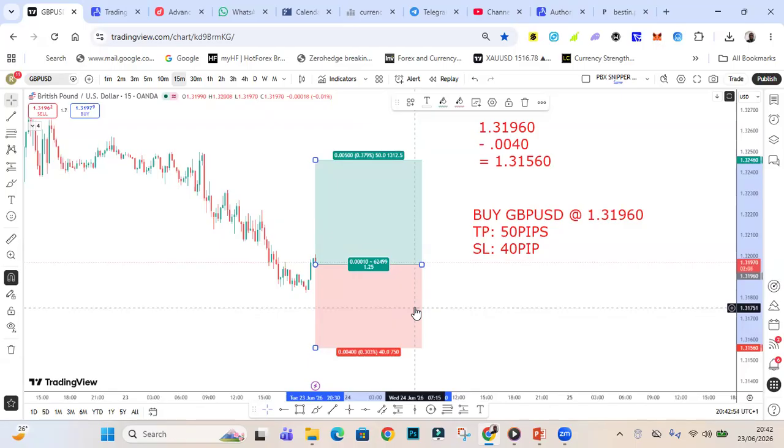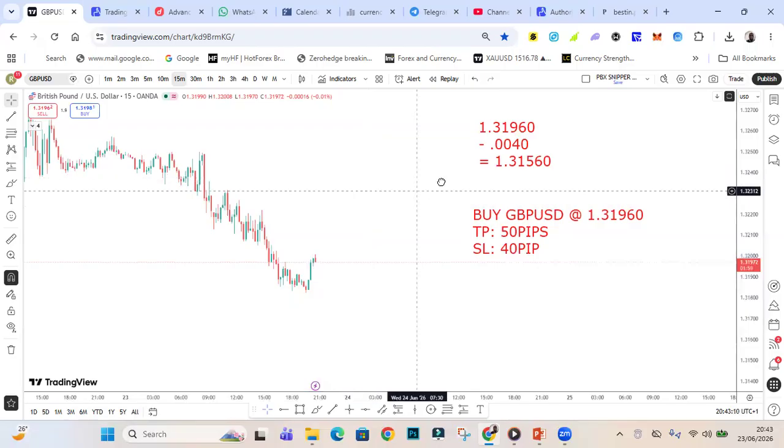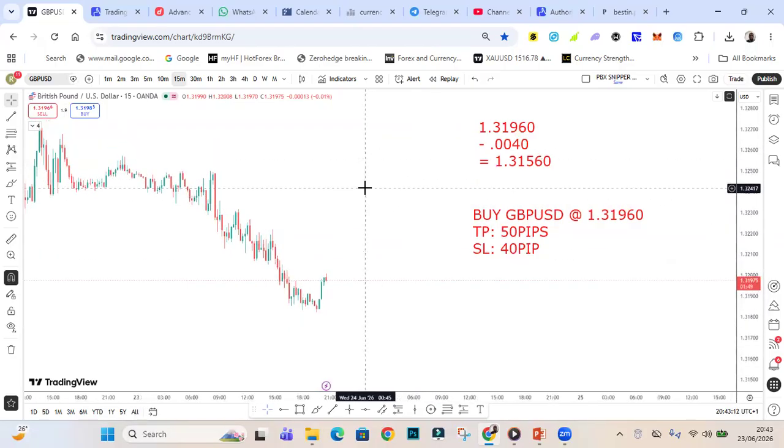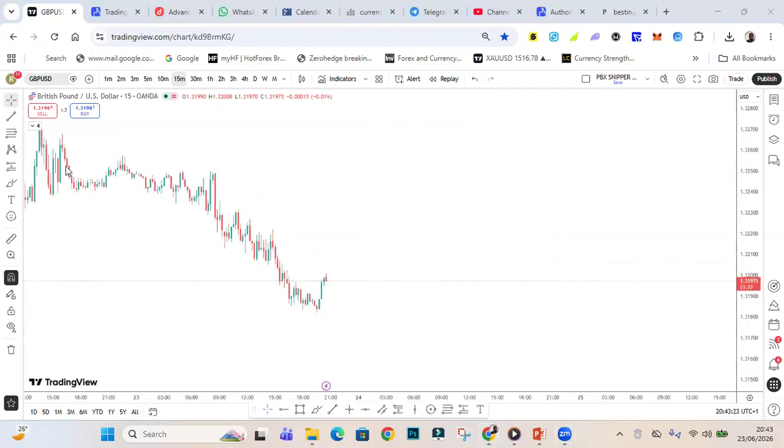All right, so this is how we calculate pips. So this is for GBP USD, the one that has 4 decimal places, okay? So now we'll be doing GBP JPY that has 2 decimal places. So let's clean up this slate. Okay, clear all drawings.